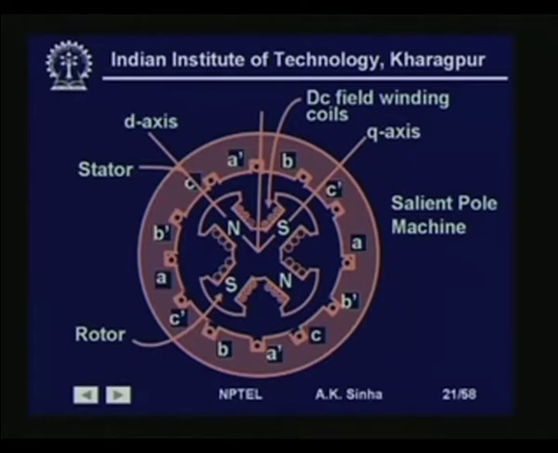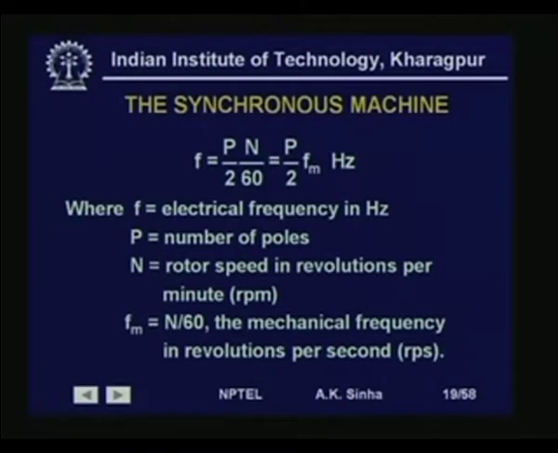Since the frequency of the system is the same, that is, in India we use 50 hertz as the frequency, if suppose the speed is only 300 rpm, then for keeping the frequency 50, how many poles will be required? If we go back to this equation, we find that the speed is 300 rpm.